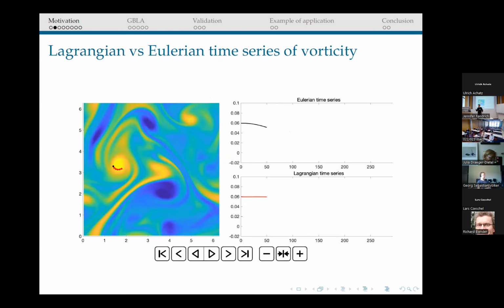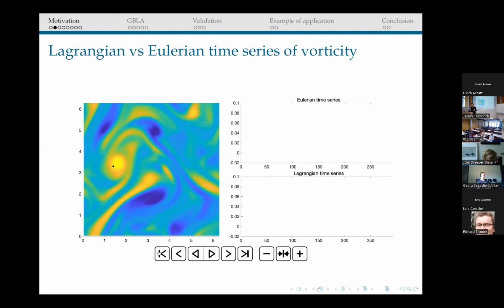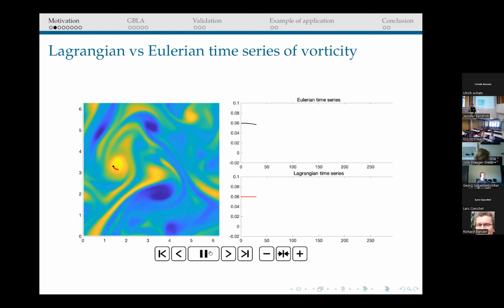To give you a better feeling, I just want to show you a movie. It's a very simple 2D flow, and I put a dot here. I measure vertical vorticity at this point in space, and also follow a particle that starts from this point in space and measure the same quantity along the particle trajectory.